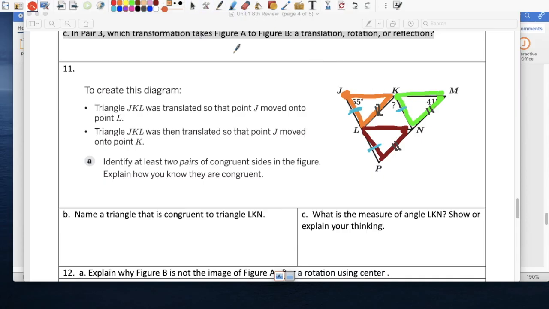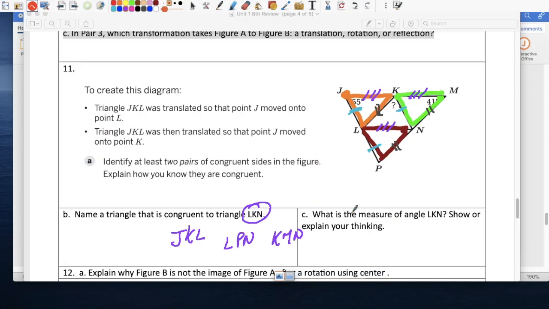It shares one of the sides that have two lines, and guess what? This side here and this side here are all congruent, right? So the middle triangle also has all three sides. So any triangle that is congruent to LKN will share those three sides, and in this case you can write triangle JKL, triangle LPN, triangle KMN. Those are all congruent to that triangle.